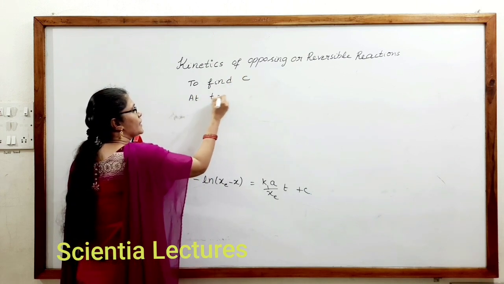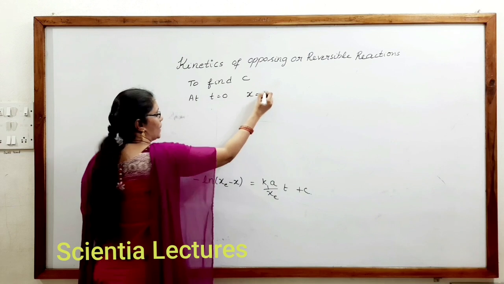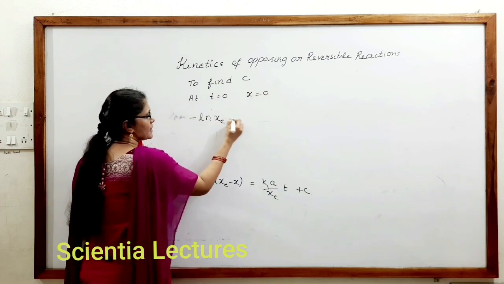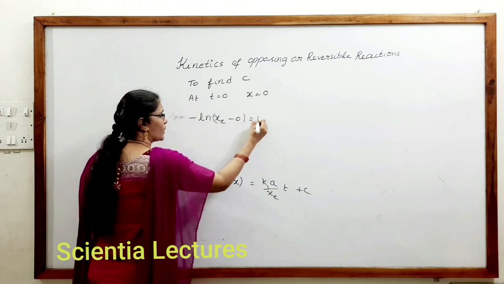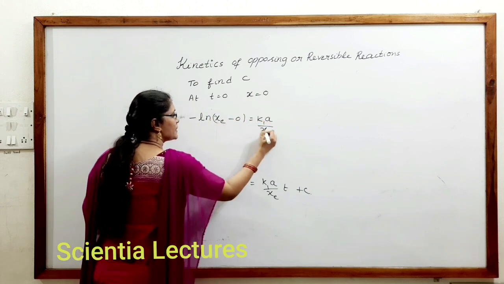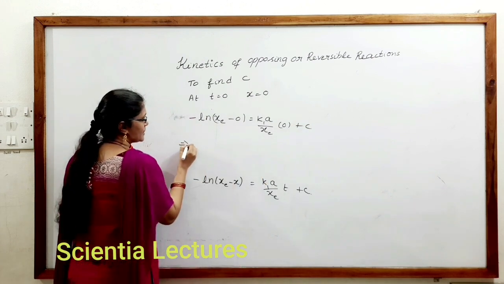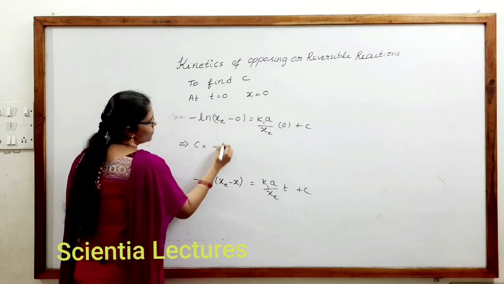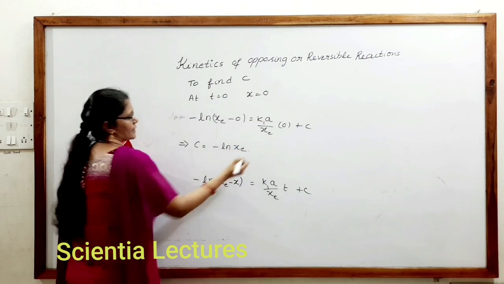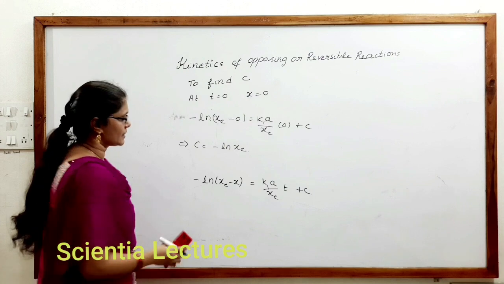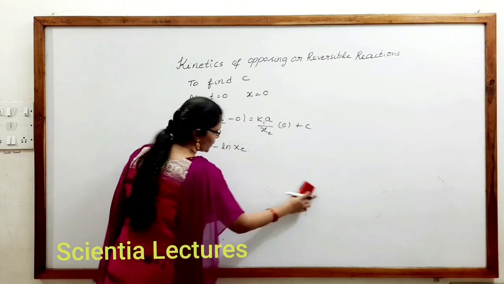At t equal to 0, x equal to 0, minus ln (Xe minus 0) must be equal to K1 A by Xe into 0 plus c, which implies c must be equal to minus ln Xe. So c must be equal to minus ln Xe. Substitute this in this equation as c.